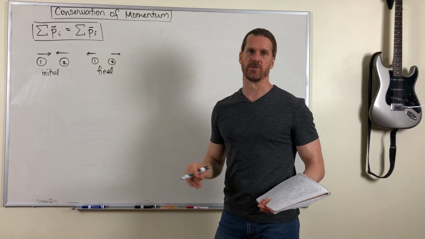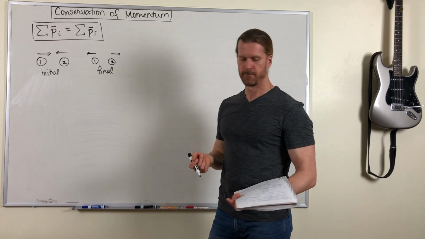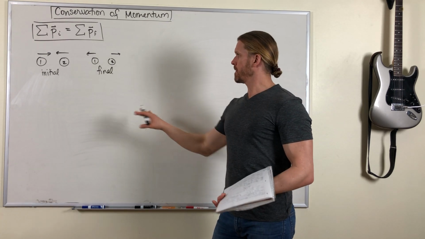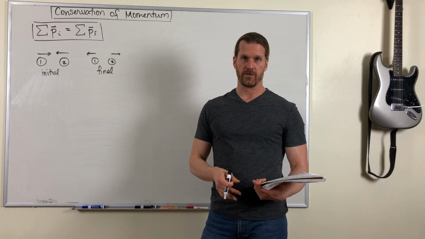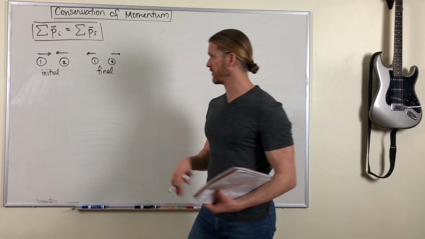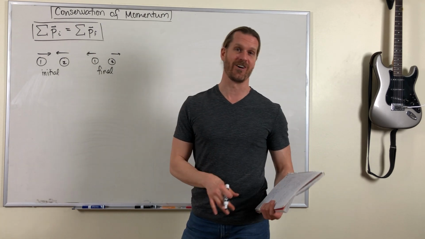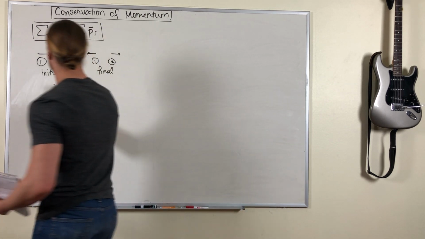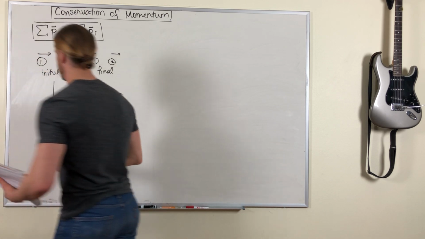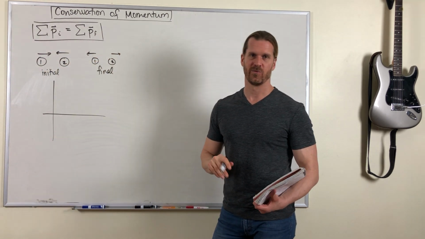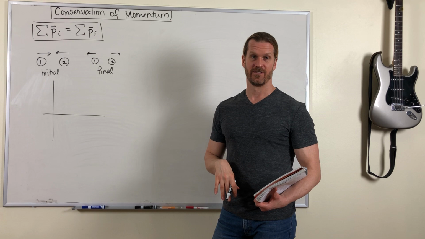There's a lot of different possibilities for how that collision could occur. But I just wanted to point out that during a collision, Newton's 3rd law is still true. Newton's 3rd law is always true. And during a collision, it's enlightening to think about what's going on in terms of Newton's 3rd law.